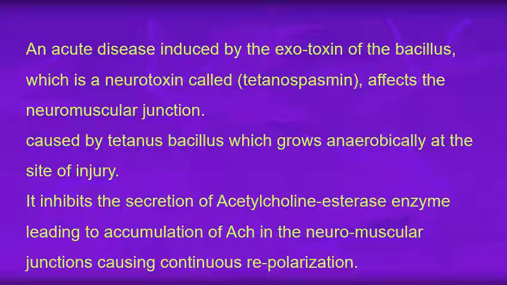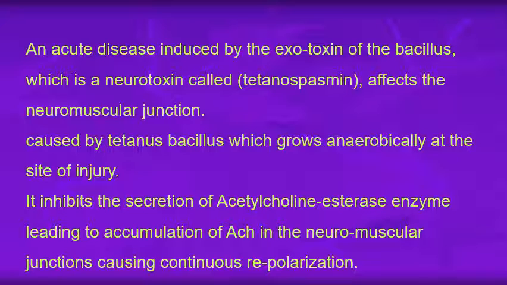This exotoxin is a neurotoxin that affects directly the neuronal tissue, and it's called tetanospasmin. And as you know, tetano is derived from tetanic, which is contraction. So tetanospasmin means continuous and severe contraction.